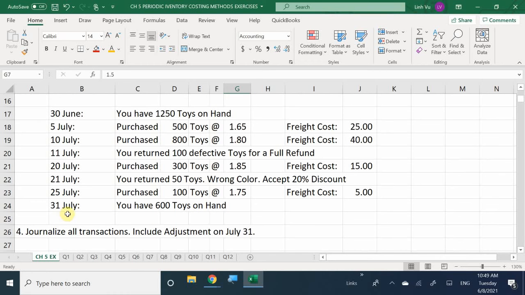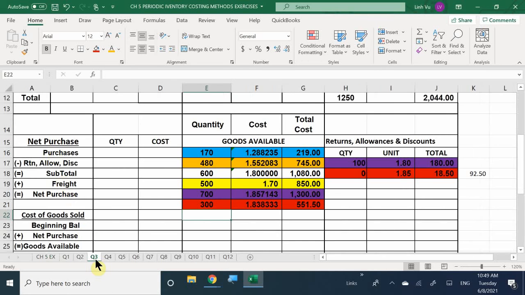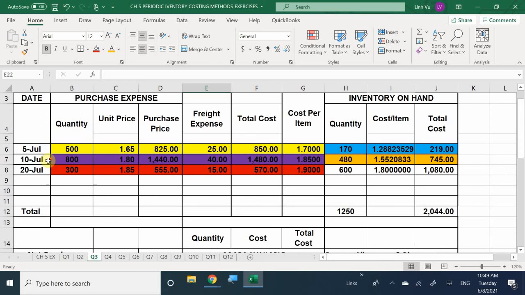All right, so then what happened on July 25th? You purchased 100 toys at $1.75 with the freight cost of $5. So 100 at $1.75. Freight was $5 on July 25th.